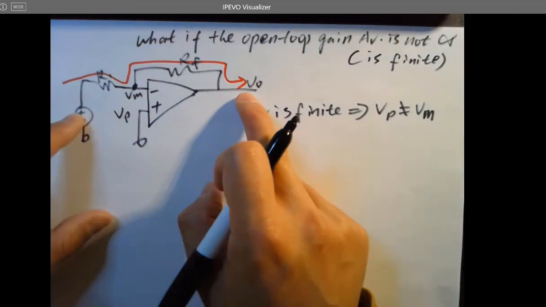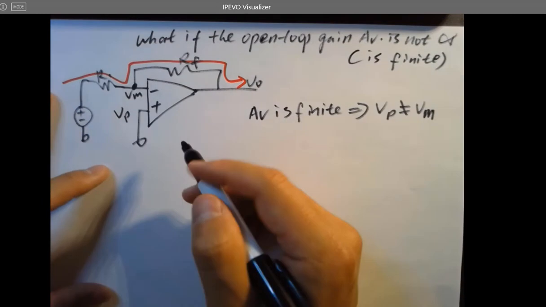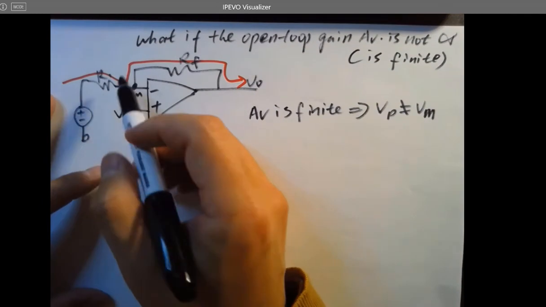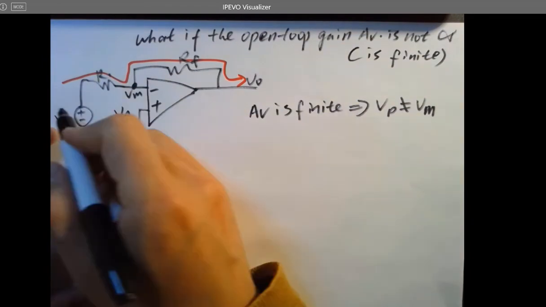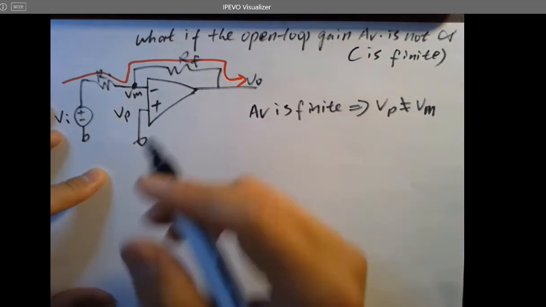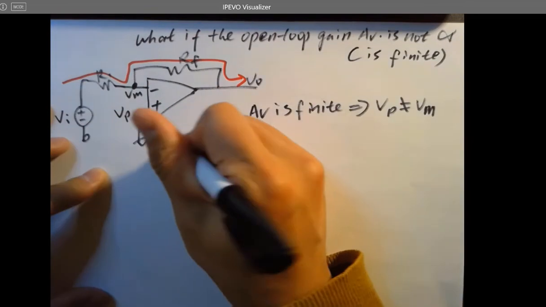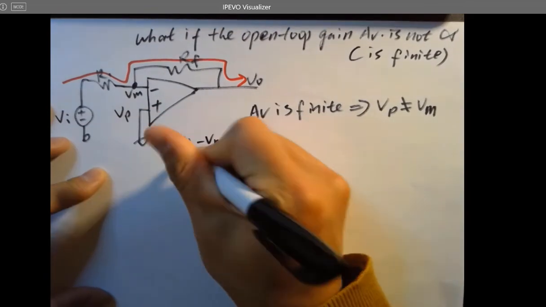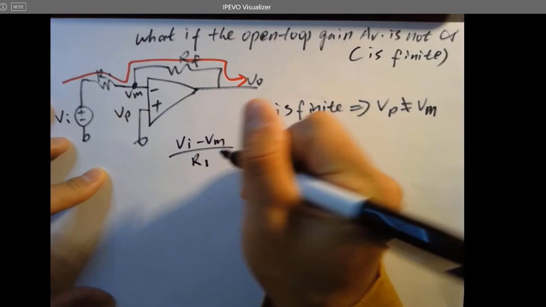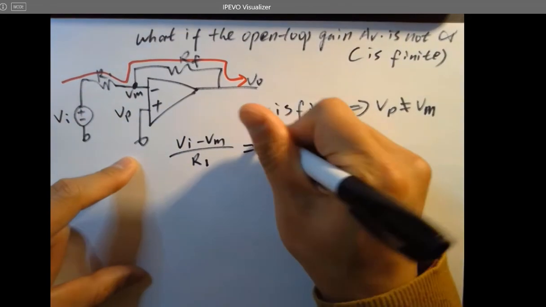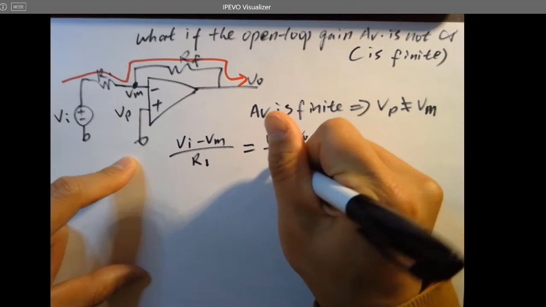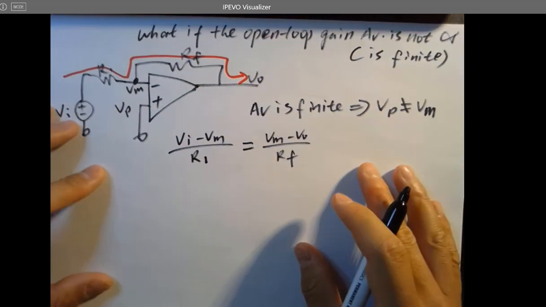It's just one current. So what we know for sure here is it is still one current, so we can list one equation really quickly, no problem. So Vi minus Vm over R1, which is the current here, equals the current here, Vm minus Vo over Rf. That's the first one.